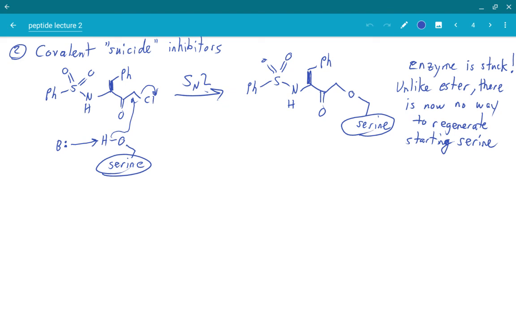And so both the covalent inhibitors and also non-covalent inhibitors are actively part of how we think about inhibitor design, and how chemists have used organic chemistry concepts to solve medical problems.